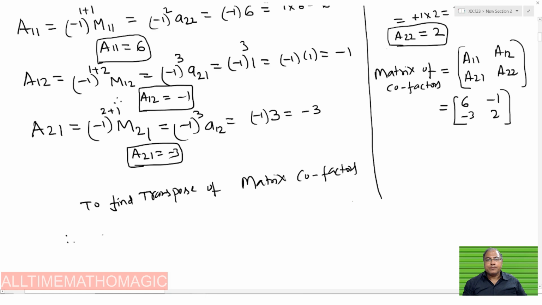Therefore, adjoint of A is nothing but the transpose of the matrix of cofactors, that is 6, minus 3, minus 1, 2. So adjoint of A equals 6, minus 3, minus 1, 2. This is the required solution.